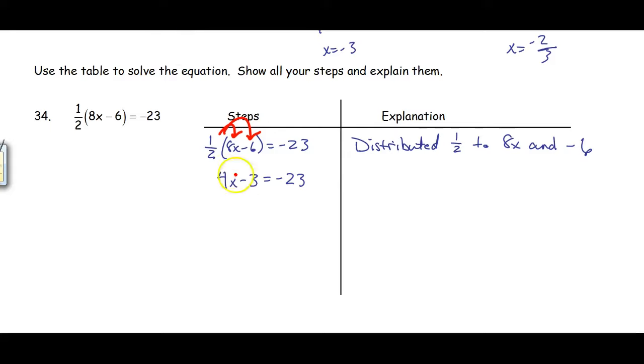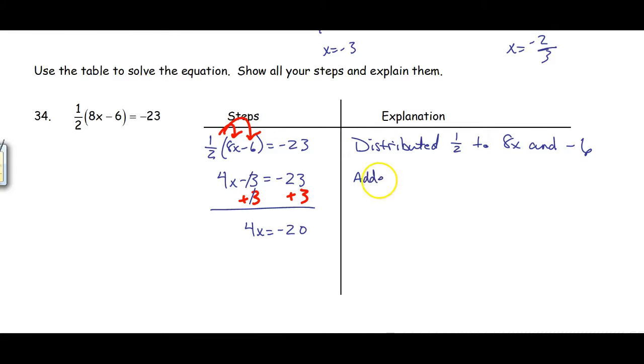Next, what we're going to do, we have to start getting x by itself. So we're going to add 3 on both sides. By doing that, those cancel. You're left with 4x equals -20. So what did we do?